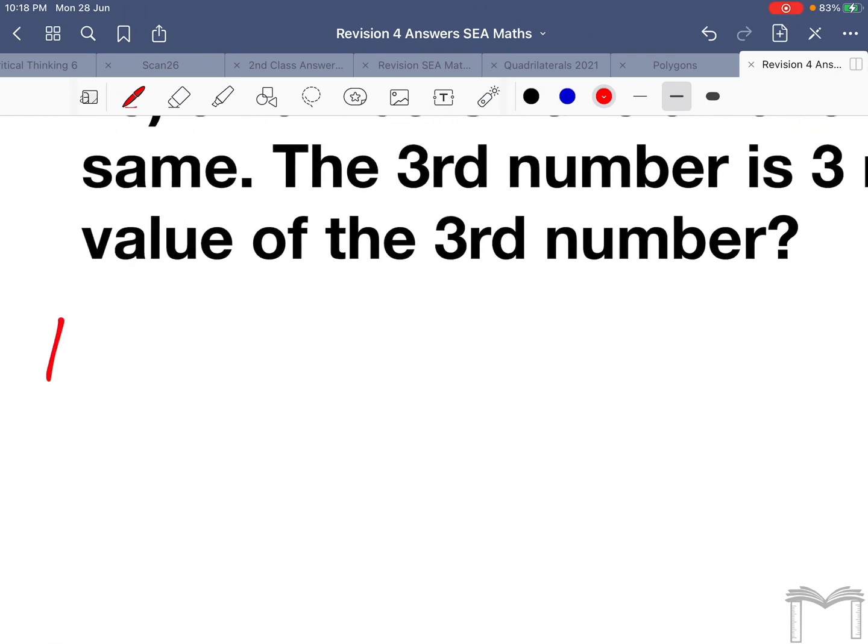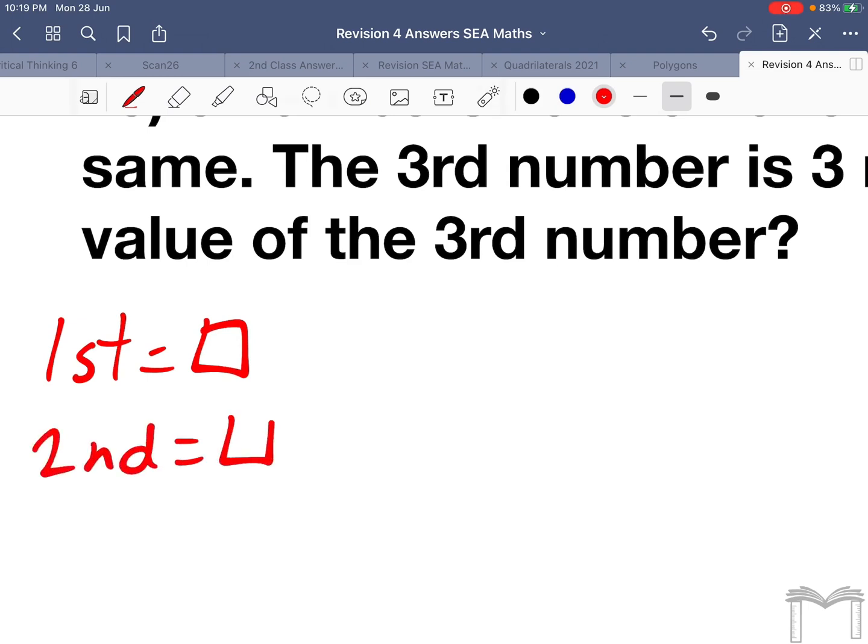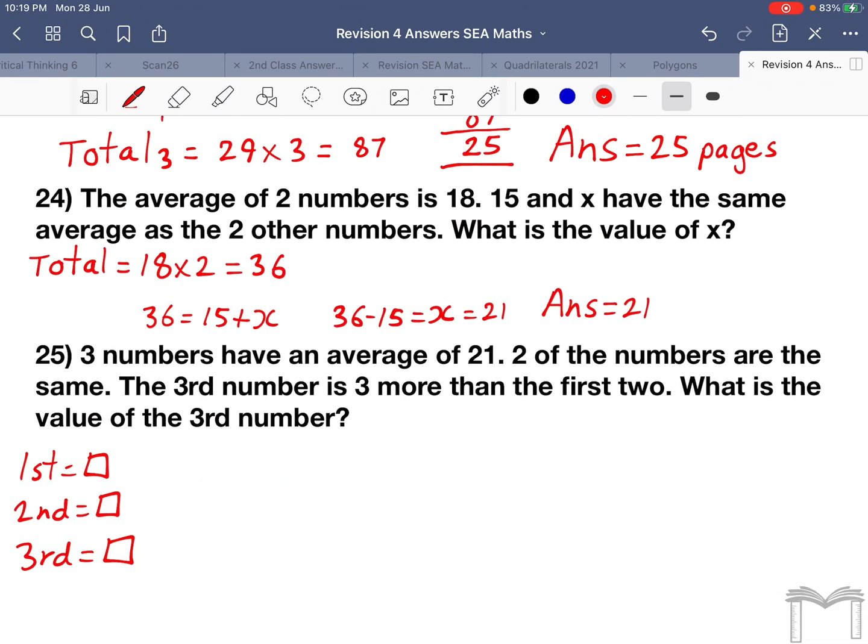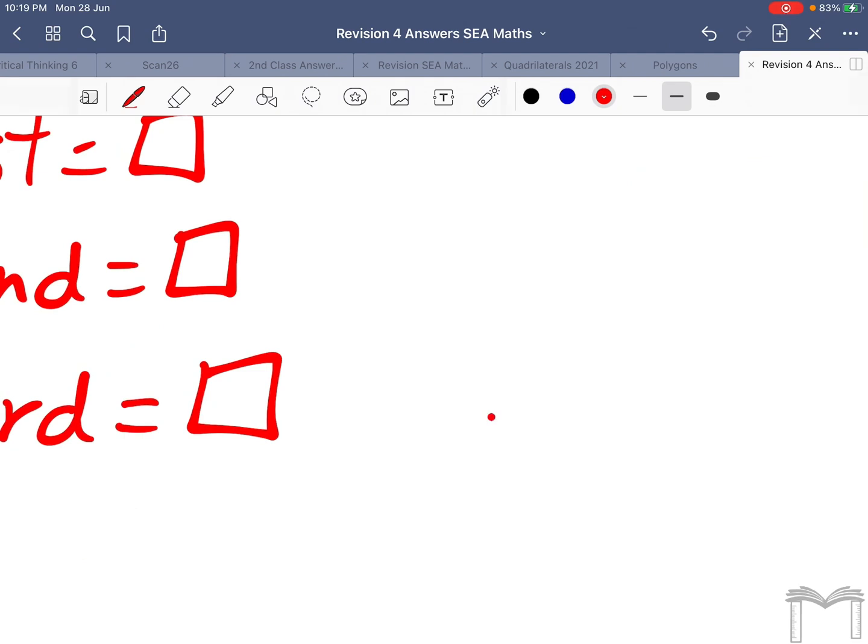So the first number is box. The second number is the same. And the third number is 3 more than the other two numbers.